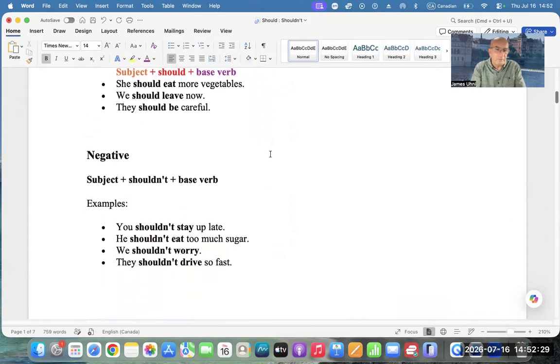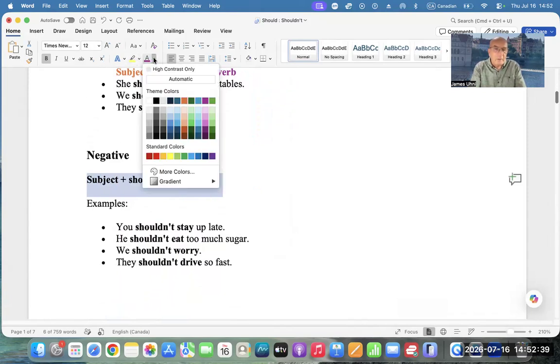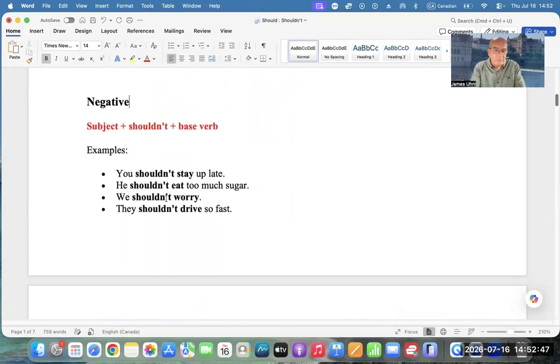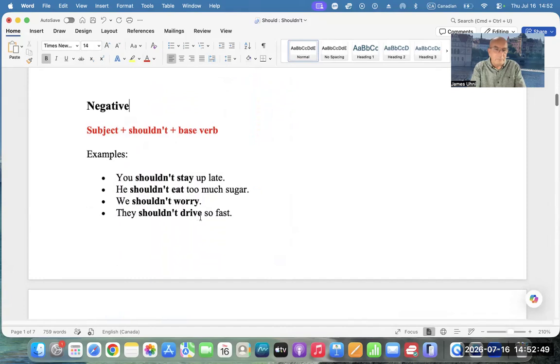In negative form, it is subject plus shouldn't plus base verb. The only difference is that there is shouldn't.